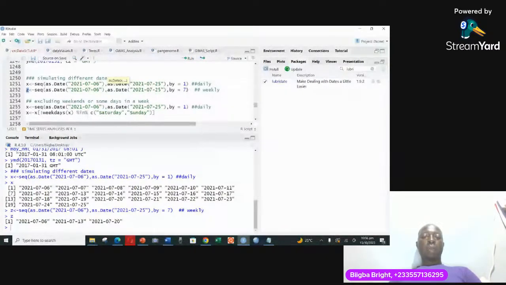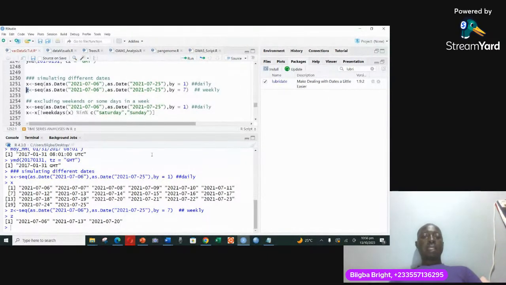So it means we are looking at the date in 7 days interval. July 6th plus 7 will give you July 13th, plus another 7 will give you July 20th. But it has not finished with 25. If the last days are not up to the interval that you are creating the date, R is going to ignore it.